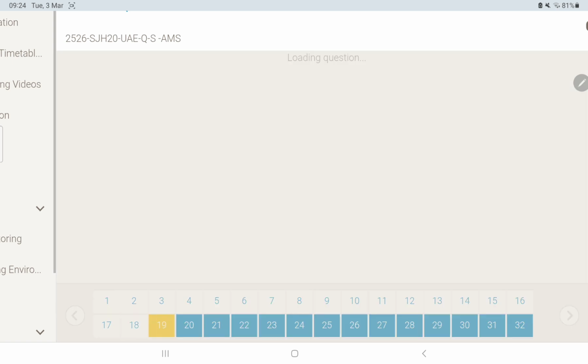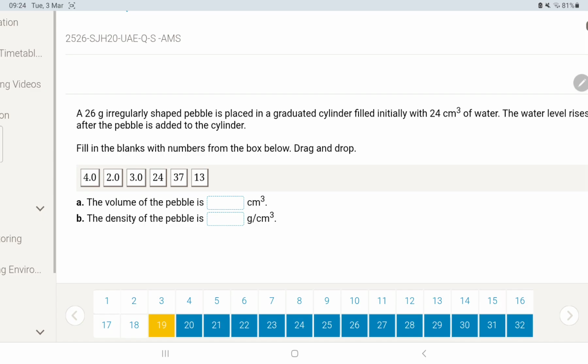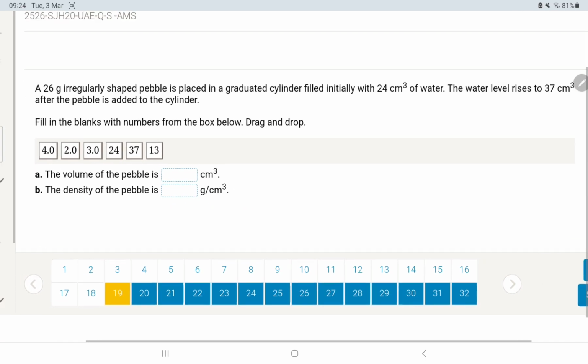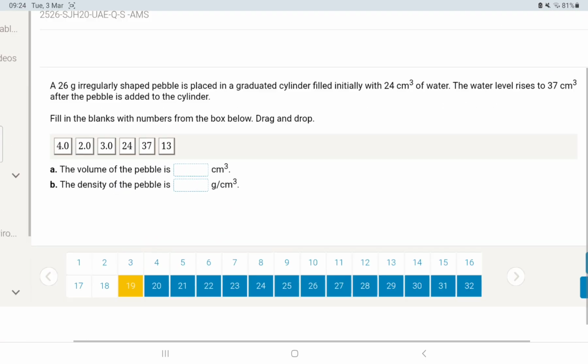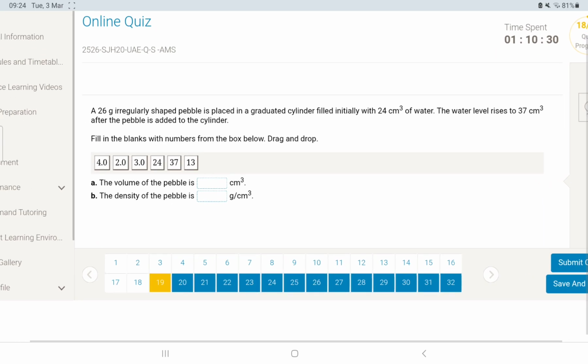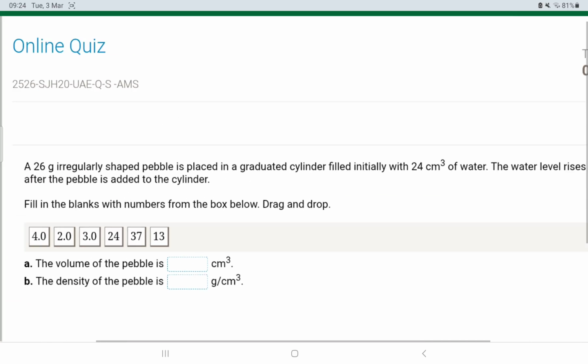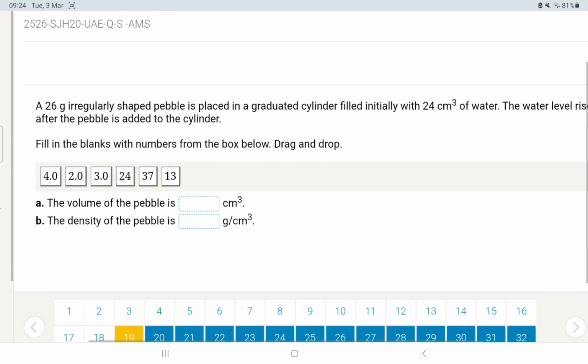See here. A 26-gram irregularly shaped pebble is placed inside a graduated cylinder filled initially with 24 centimeters cubed of water. The water level rises to 37 centimeters cubed after the pebble is added. Here, what is the volume of the pebble?